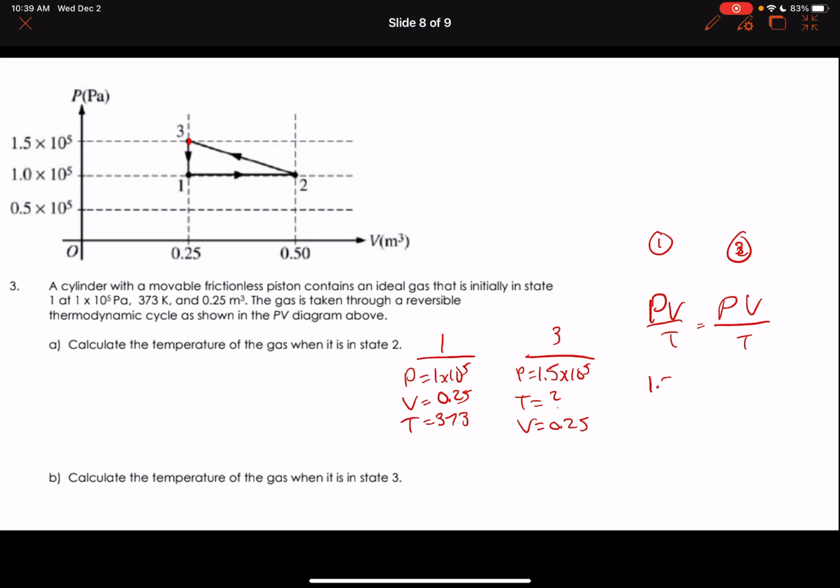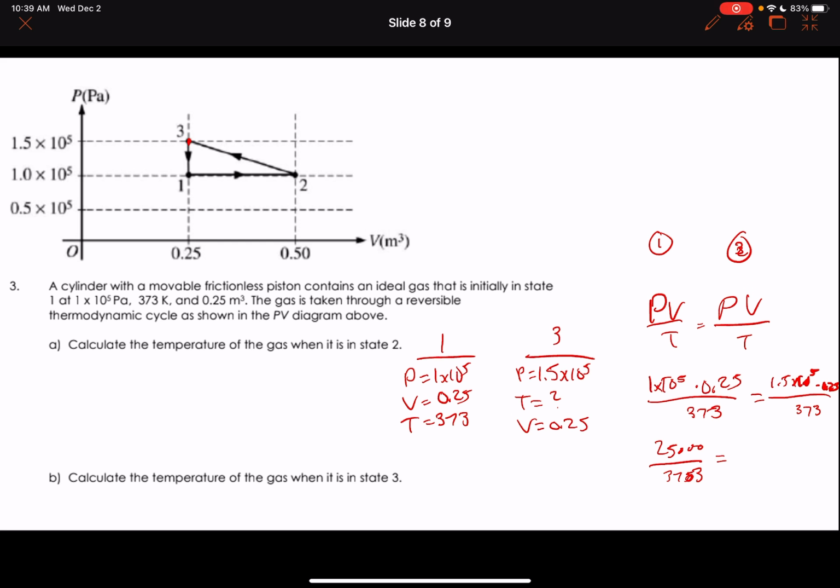PV, 1 times 10 to the 5th times 0.25 all over 373 is going to be equal to 1.5 times 10 to the 5th times 0.25 all over T. So 1 times 10 to the 5th times 0.25 should be the same thing we got last time, 25,000 divided by 373.